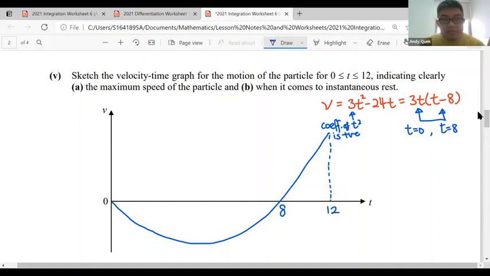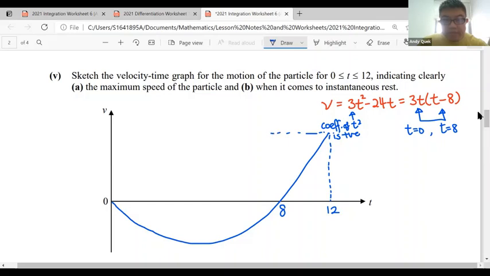To complete our sketch, we need to get some of the critical values. And the question also wants us to clearly indicate what the maximum speed of the particle is and when it comes to instantaneous rest. Okay, so what is this value over here?